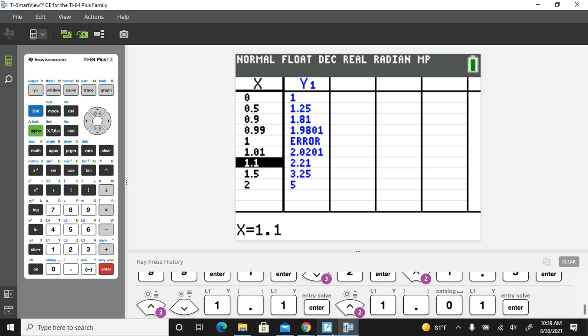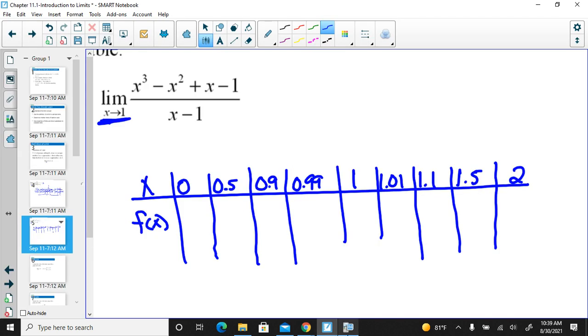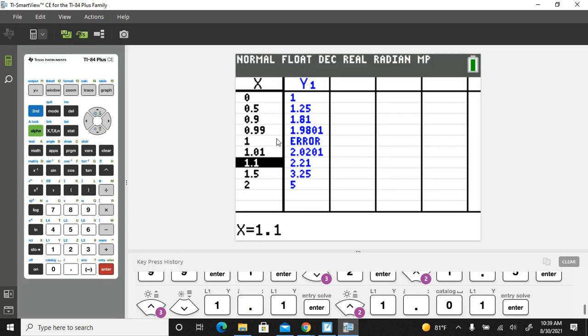Instead of coming back here and filling in this table, I'm just going to refer to this table since it's exactly the same. Remember, my x that I'm approaching is 1.